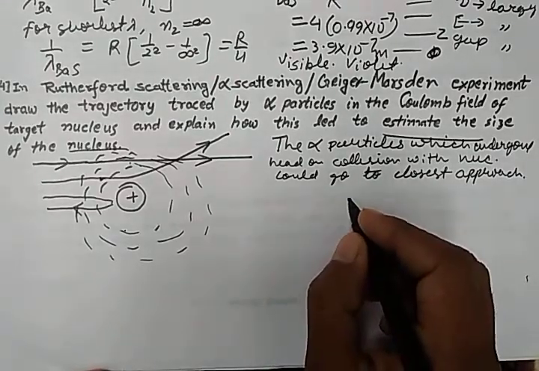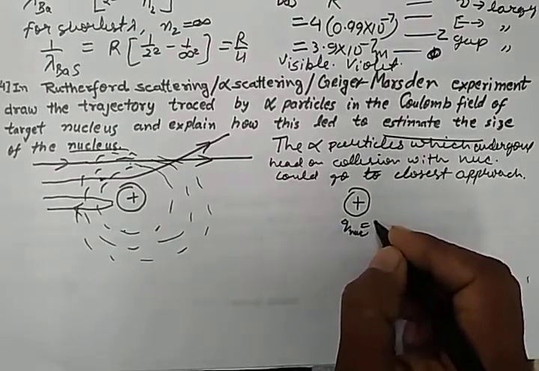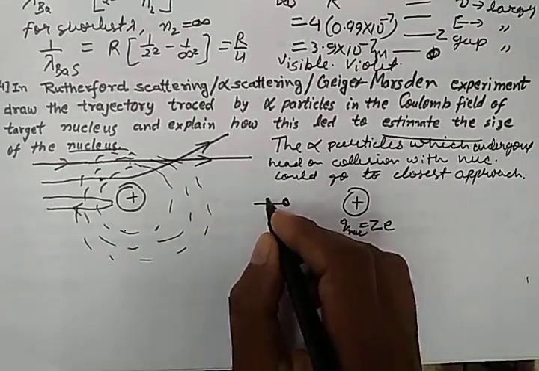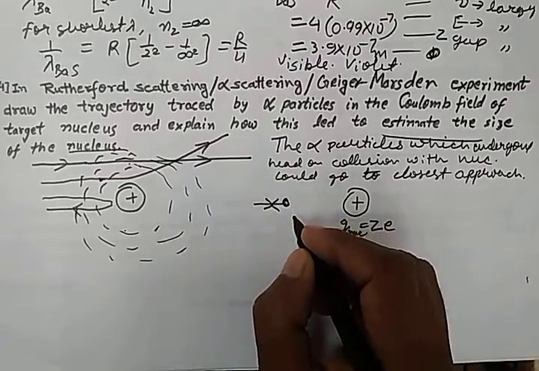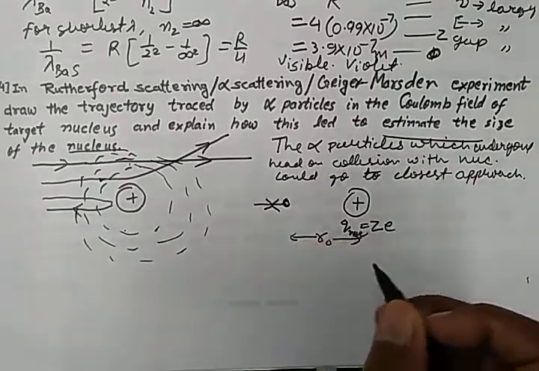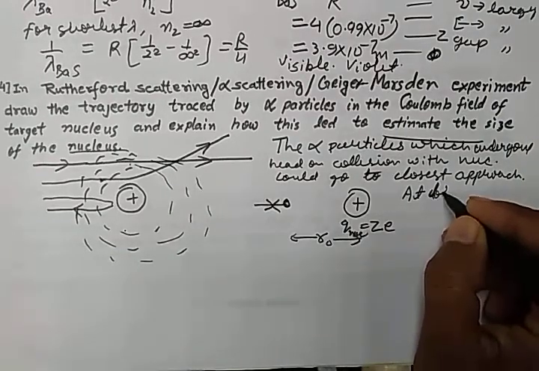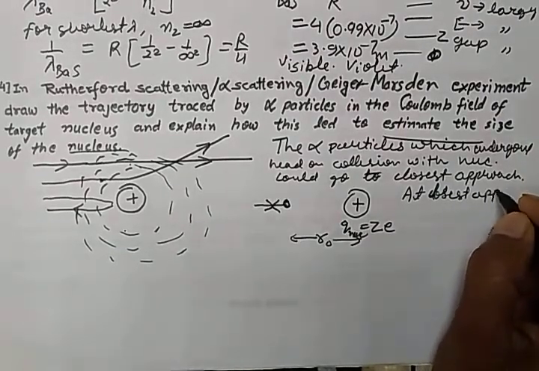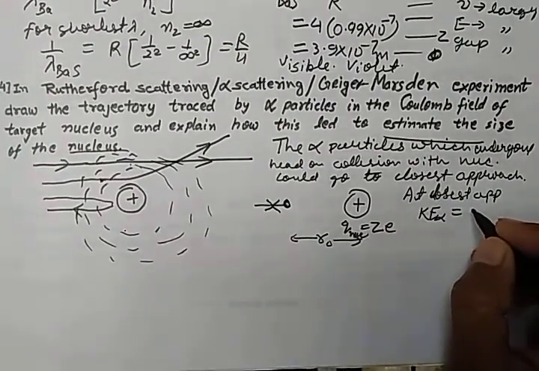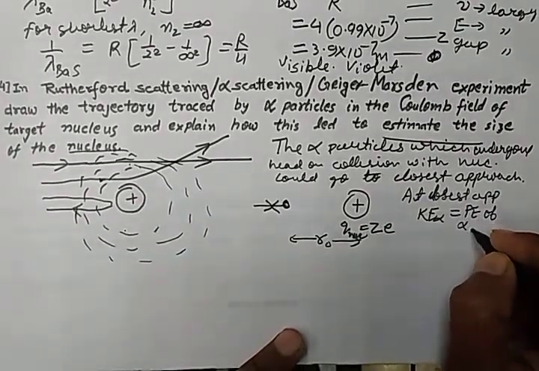So here, if this is the nucleus, the charge of nucleus is Ze, and this is the alpha particle, so it bounced back, and this is the radius, the distance of closest approach. So at closest approach, kinetic energy of alpha particle gets converted into potential energy of the alpha-nucleus system.